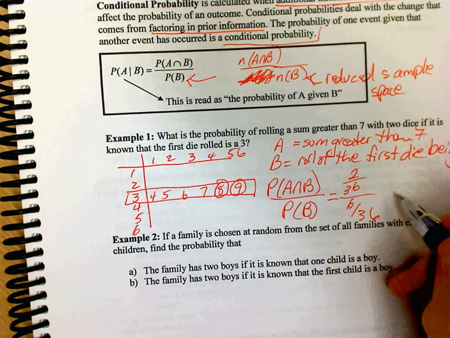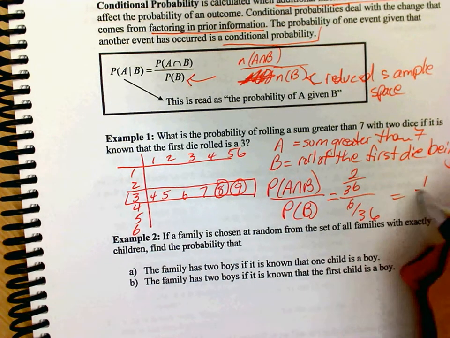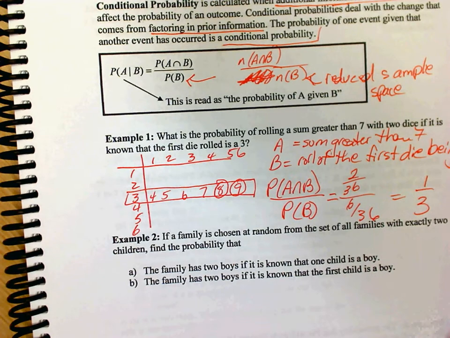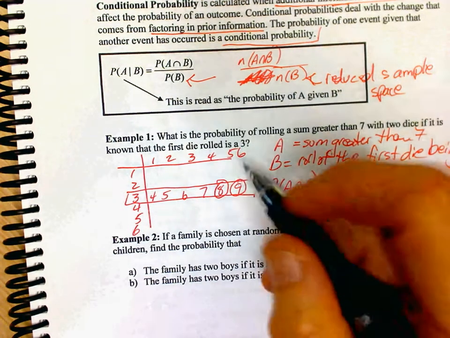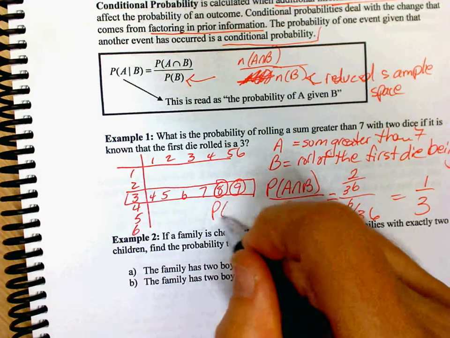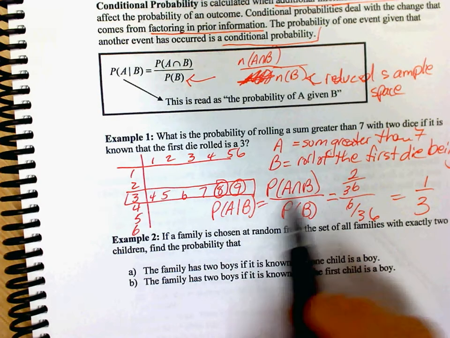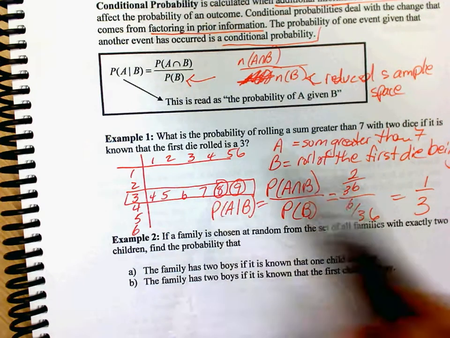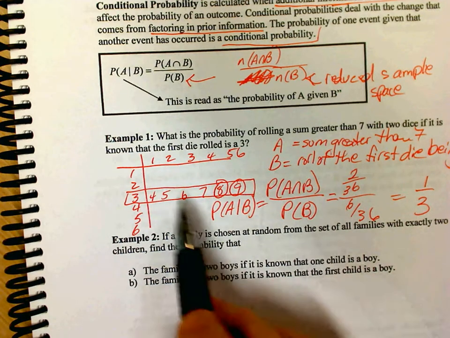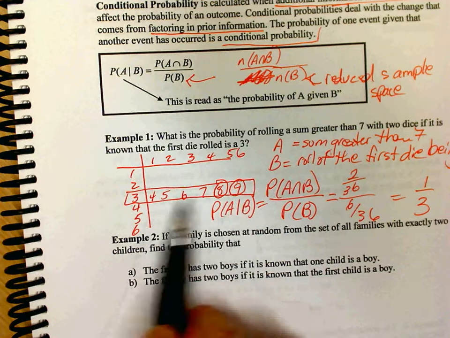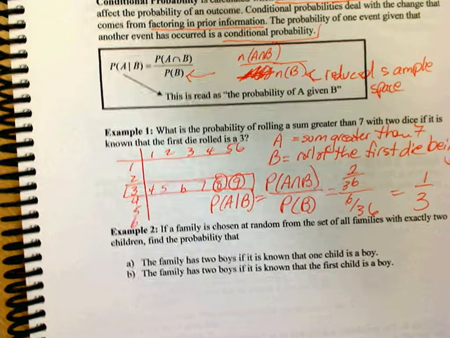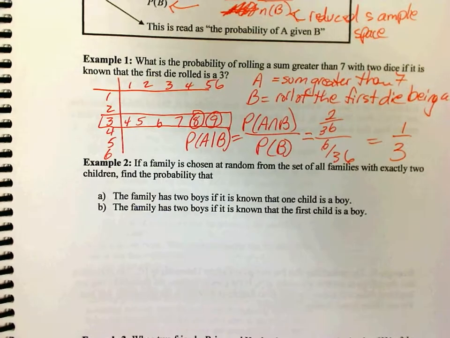So this is going to work out to be 1 over 3. So the probability of A given B equals the probability of the intersection, which is 2 out of 36, divided by the probability of B, which is 6 out of 36, and that's going to work out to be 1 over 3.